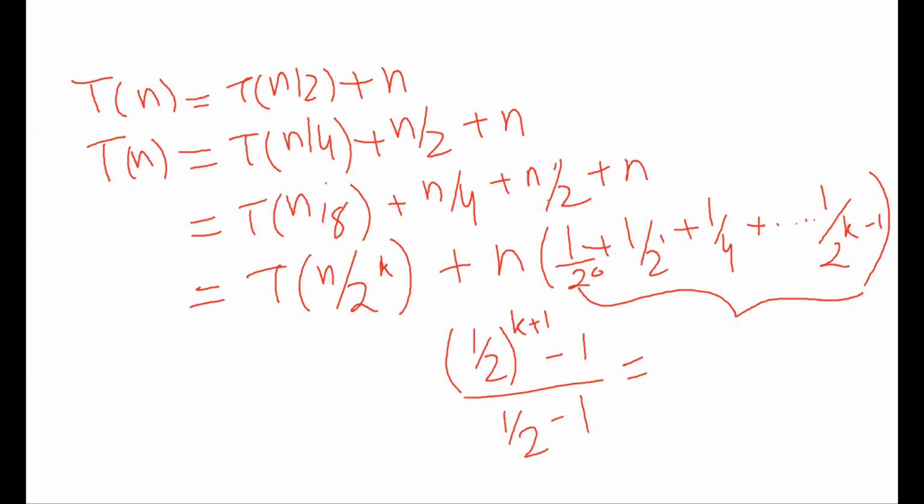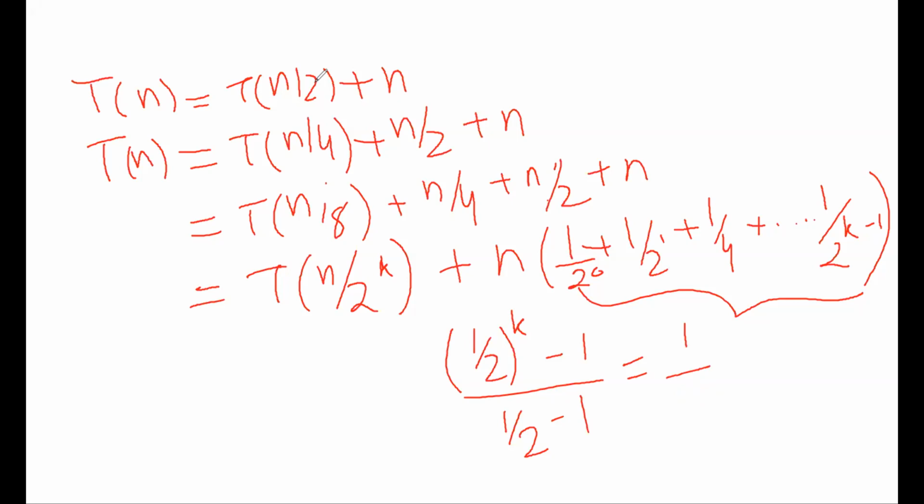We just have k terms. We don't have k plus 1 terms. Yeah, we have just k terms. So it is 1 by 2 to the power k minus 1, whole thing.